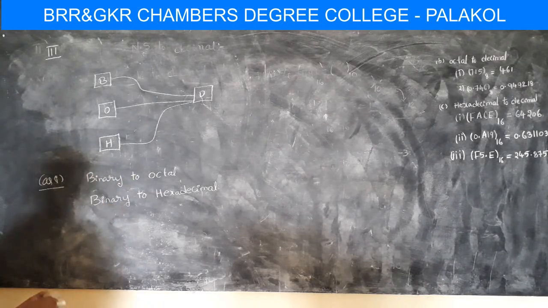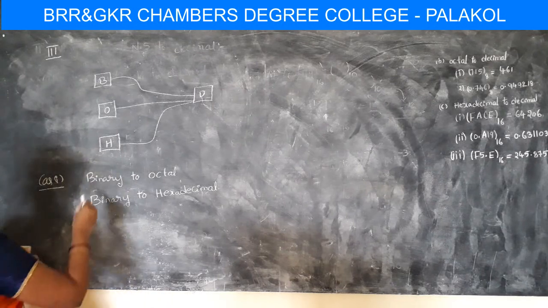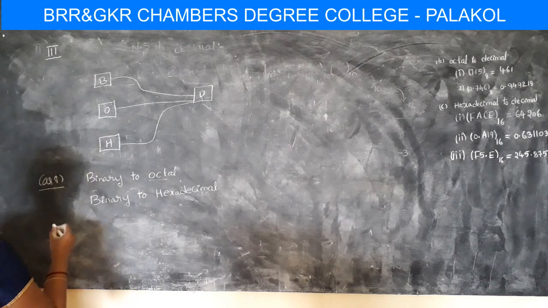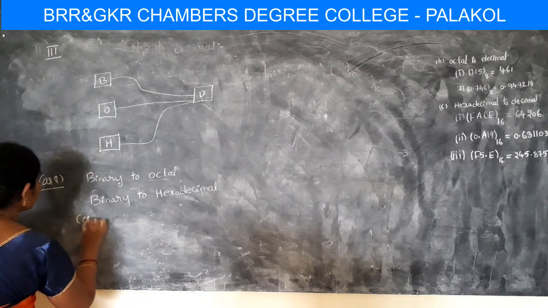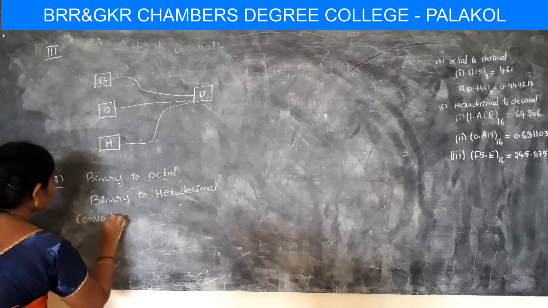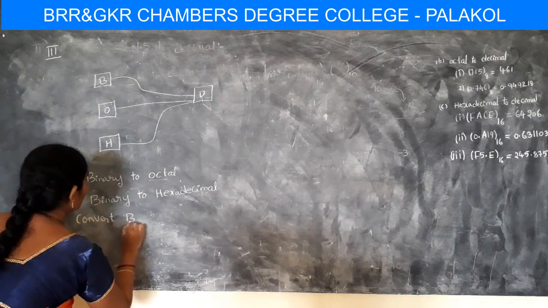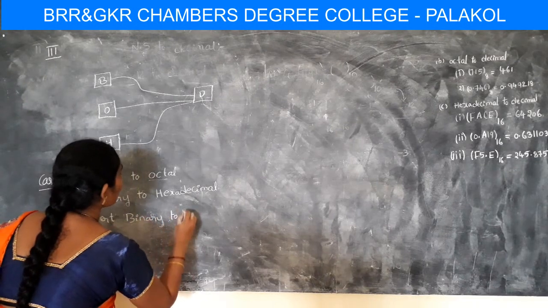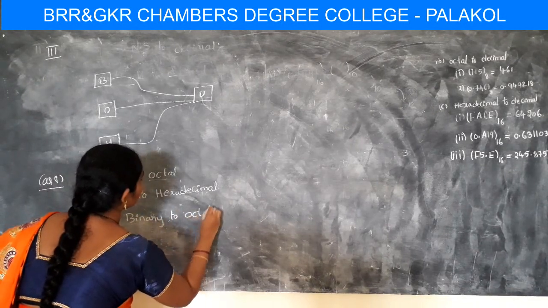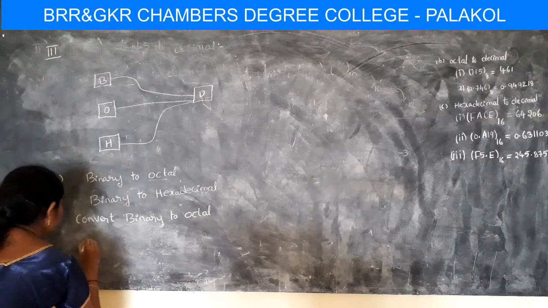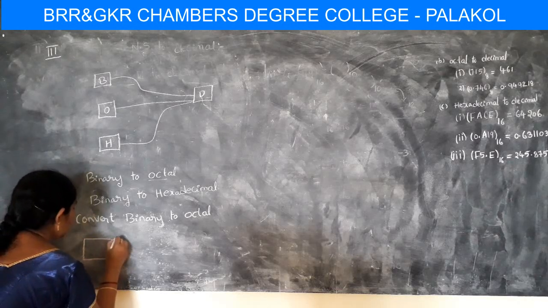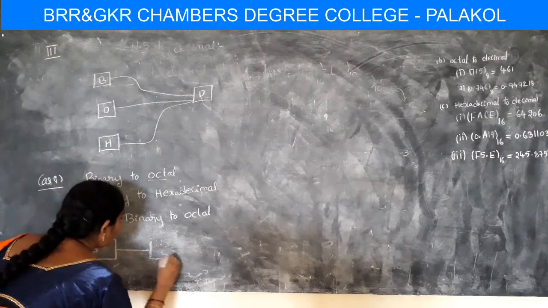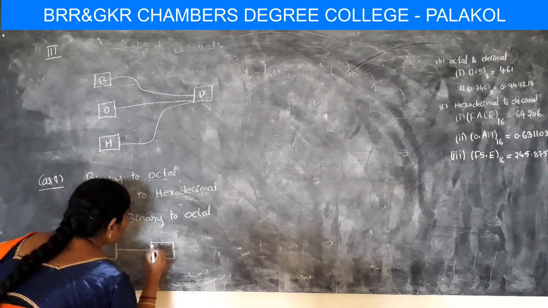The process is, first of all, the binary number is converted into an octal number. That means the question is to convert binary to octal. The question is to convert the given binary number to an octal number.